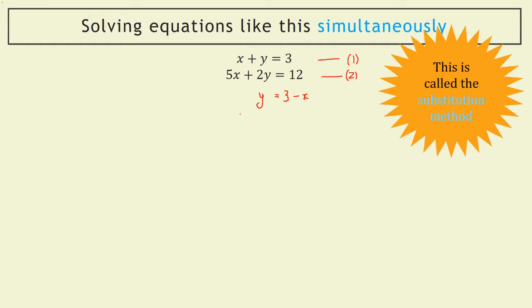Now I use my second equation, because my second equation says if I do 5x plus 2 lots of y, I get 12. But I now know that y is exactly the same as 3 minus x.